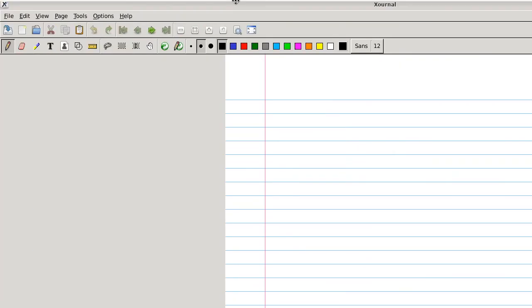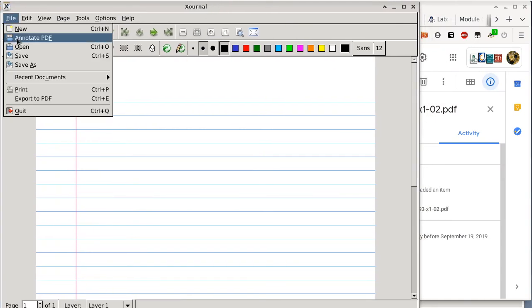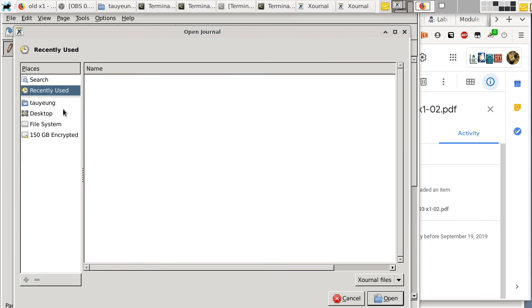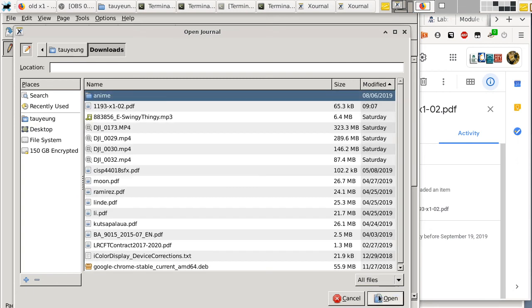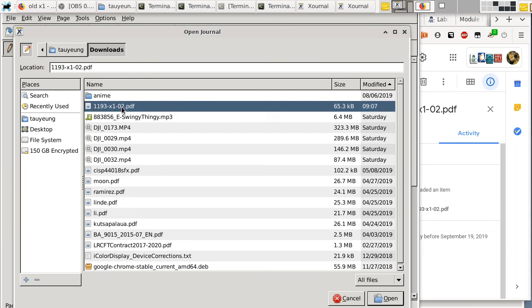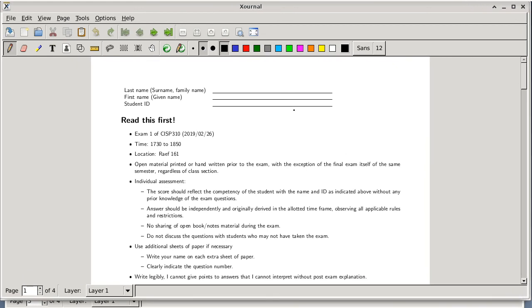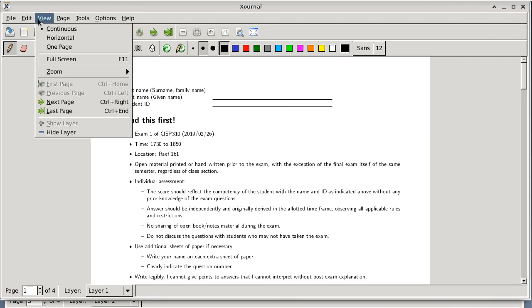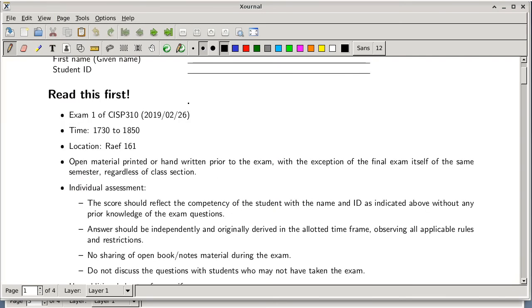So I'm going to pull Zotero over here, go to downloads, and we're looking at the file that we just downloaded. This is the one. Let's zoom to page width. There we go.